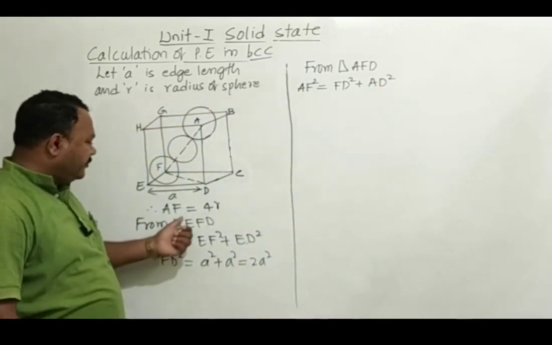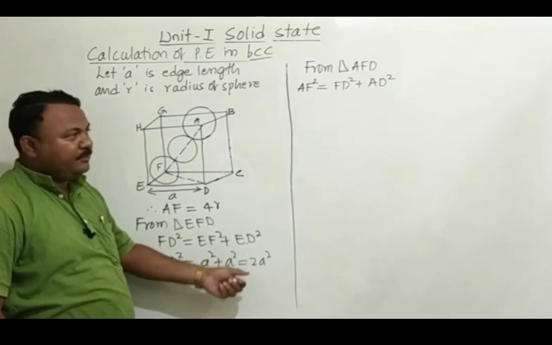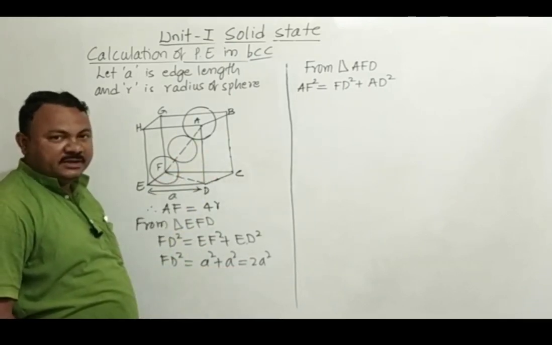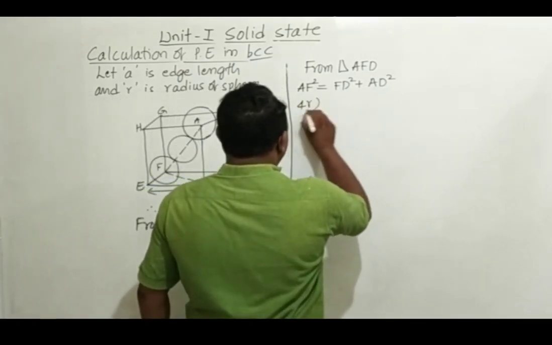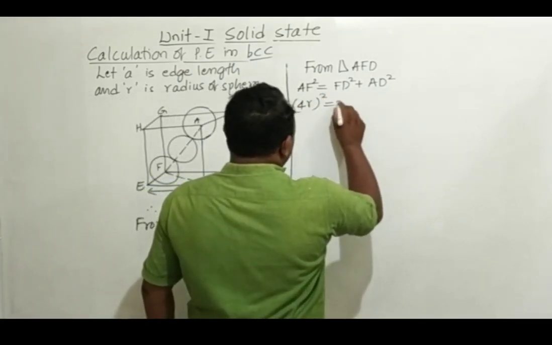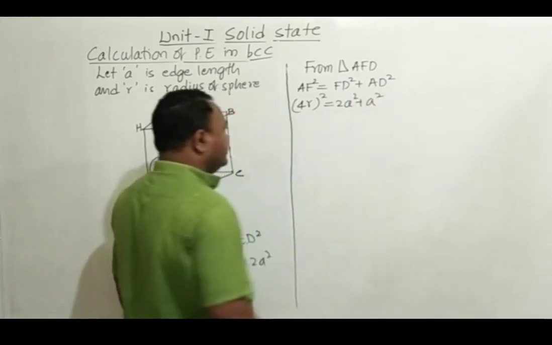We know the value of AF, it's 4R. FD we calculated, it's 2A square, FD square. AD is once again the edge length, it is also A square. So I can write 4R whole square is equal to 2A square plus A square. This is nothing but 3A square.